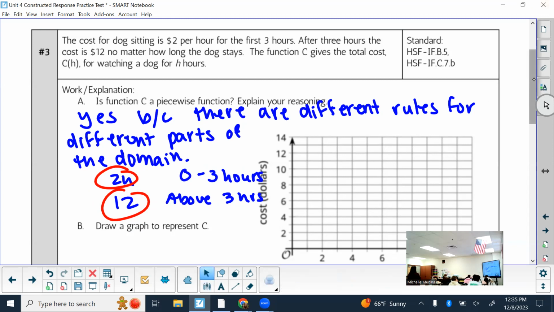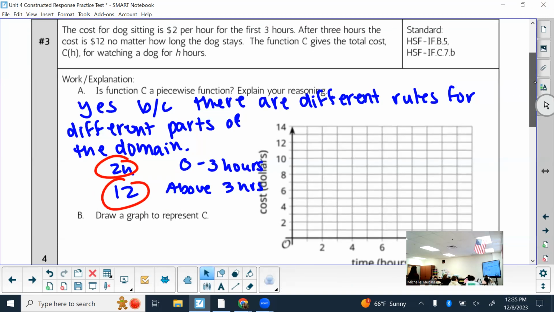So then when you have to draw the graph to represent this, it should still be a function, like it should still be that each input just has one output. But you have to follow the rules, and I just summarized them right there for you. You would have to reread it to figure it out. But from 0 to 3 hours, they're charging the same hourly rate, right? So how can I represent that?